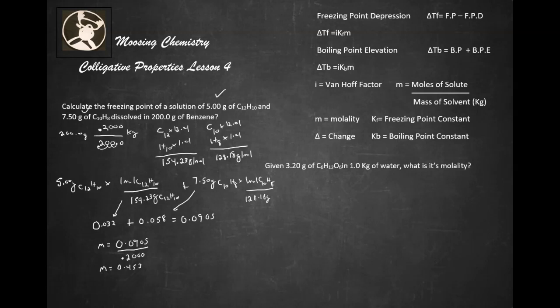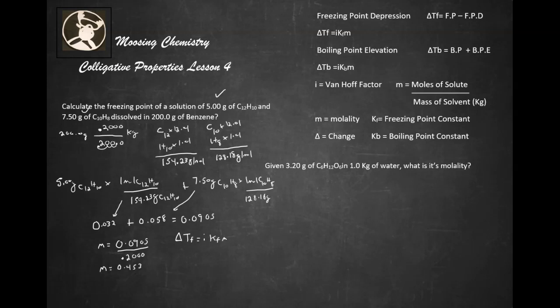We're not quite done yet though, okay? Now what we're going to have to do is find the freezing point. We have the molality, and now we need to calculate the freezing point. To do that, we need another formula. We need delta TF equals i KF m.